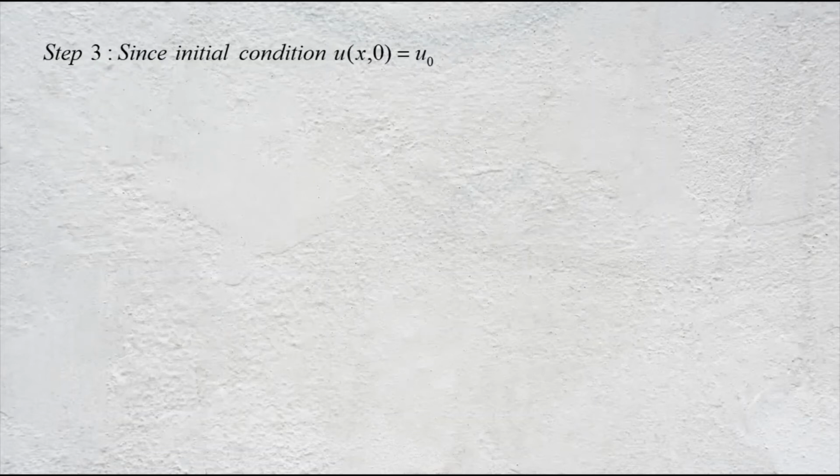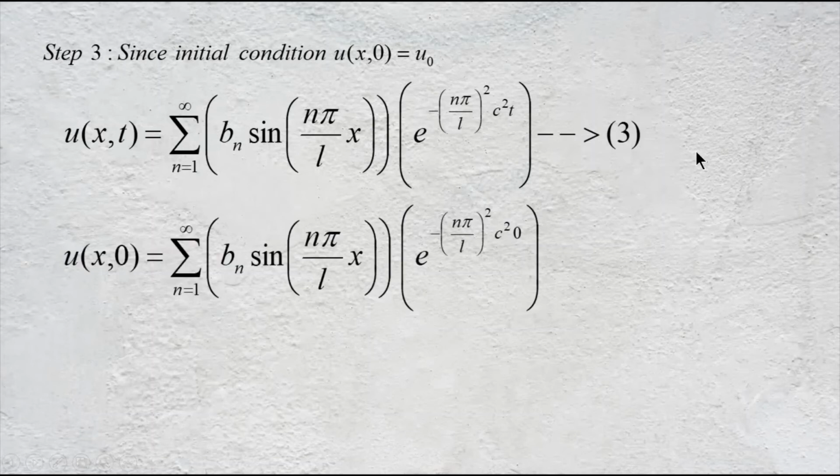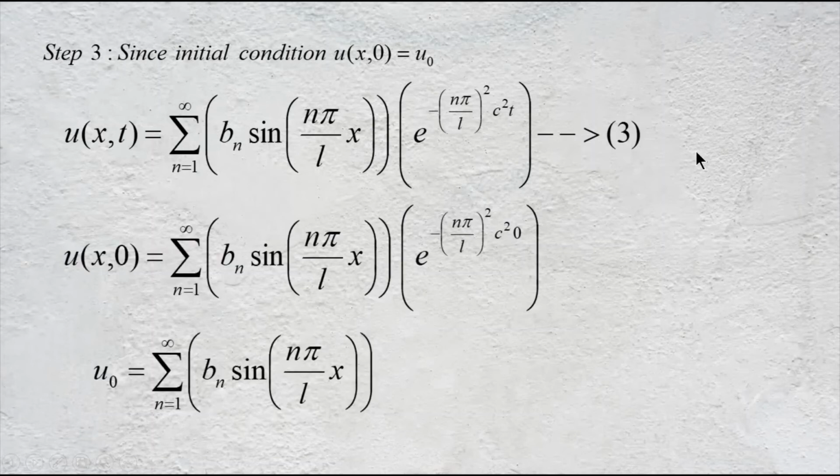And then in step 3 we are going to substitute the non-zero condition, that is the initial condition. Put t as 0 and U as U0 in our newly obtained equation. This is our newly obtained equation. After substituting, you will be arriving at this equation.